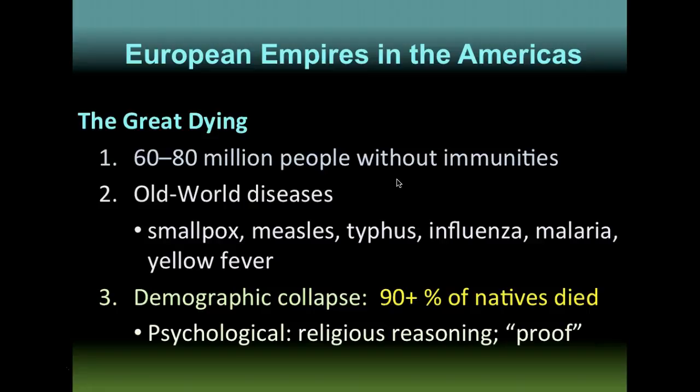So these old world diseases include smallpox, measles, typhus, influenza, malaria, and yellow fever. And the people in the New World do not have any immunities. They have never been exposed to the microbes of these diseases, and therefore, when they do contract them, they end up dying in extraordinarily high numbers and very quickly.